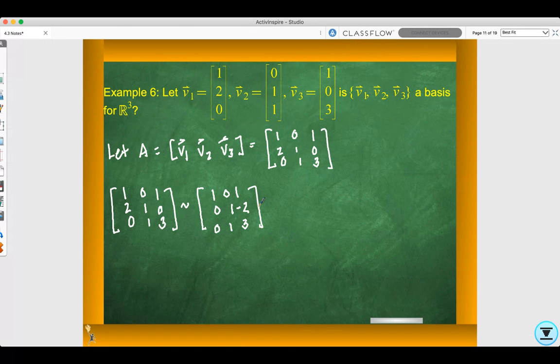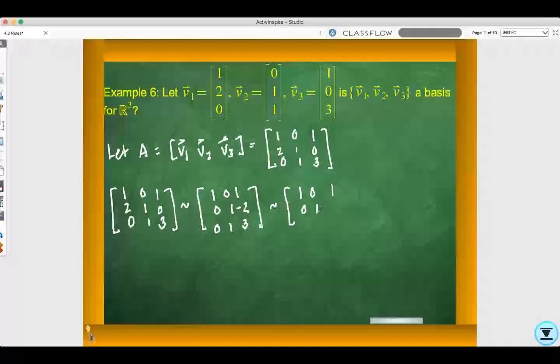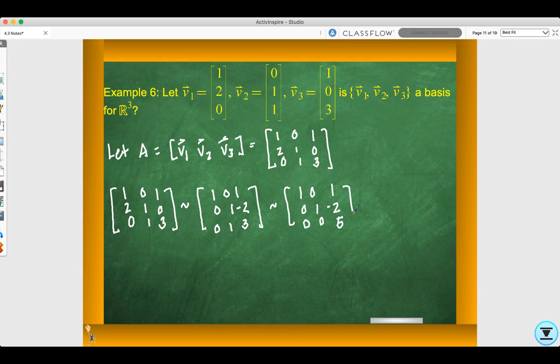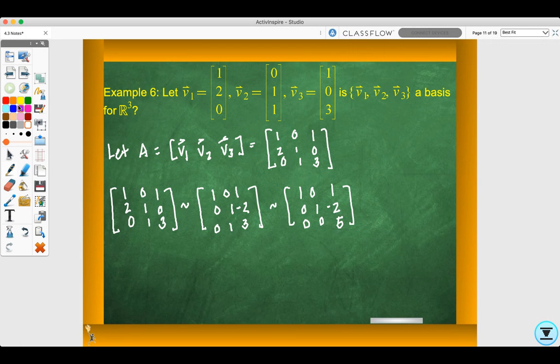And then I notice that I can take negative 1 R2 and add it to R3. So we could continue and divide this one by 5 and then also get it into our identity matrix. But we already noticed that we have 3 pivot columns here, because 1, 2, 3.